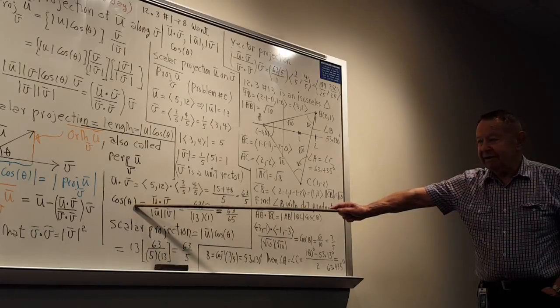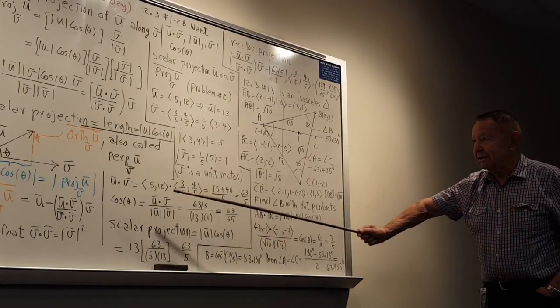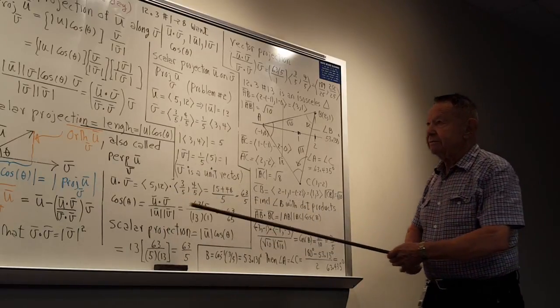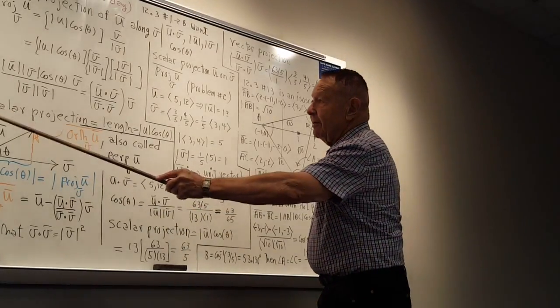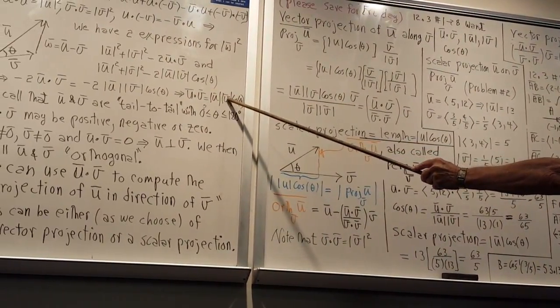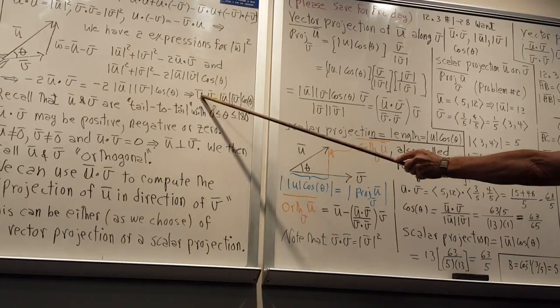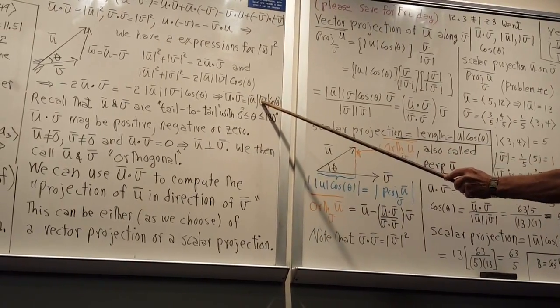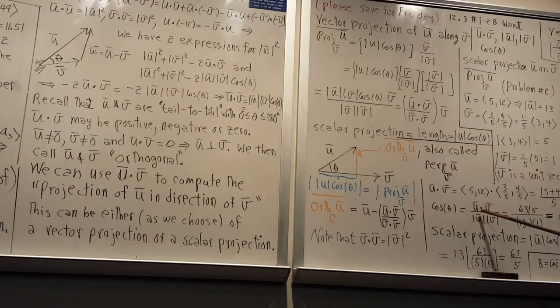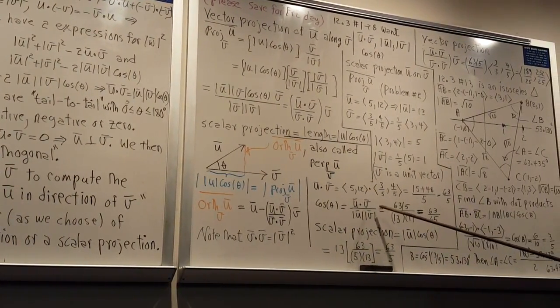So then you can get the cosine of the angle between the two vectors from what we have here, that the dot product is the product of the lengths times the cosine. So the cosine would be the dot product over the product of the lengths, which is my formula here. So my dot product is the 63 over 5.